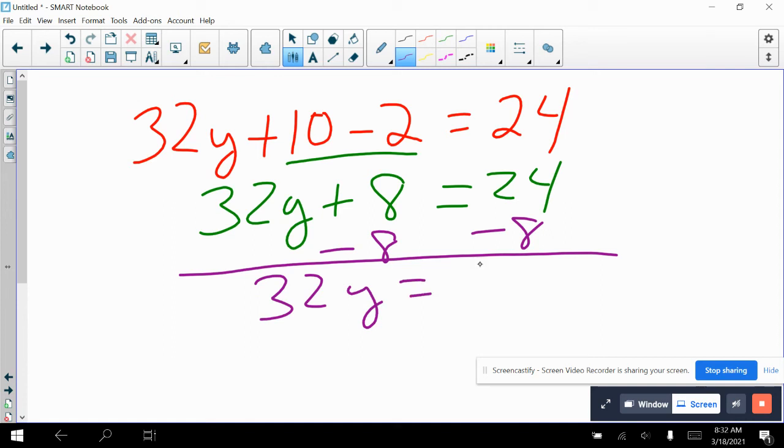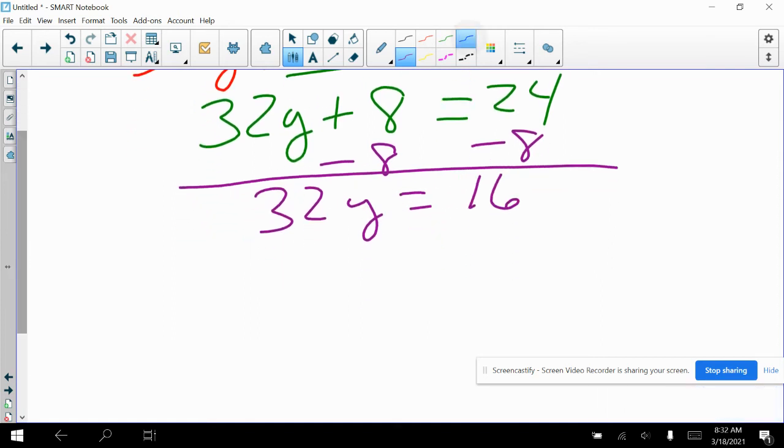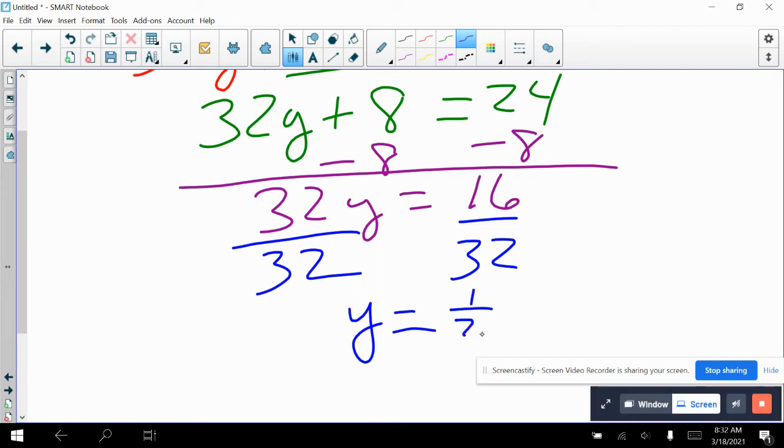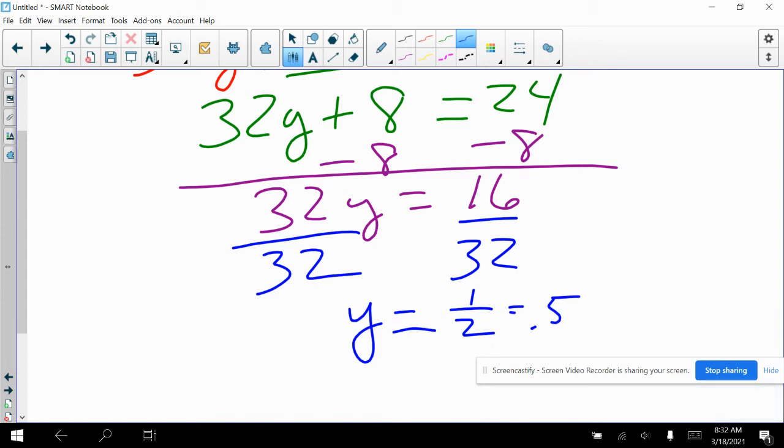32y is equal to 16. See where this is going? What's y equal to? You can either do that as a fraction or a decimal, doesn't matter to me.